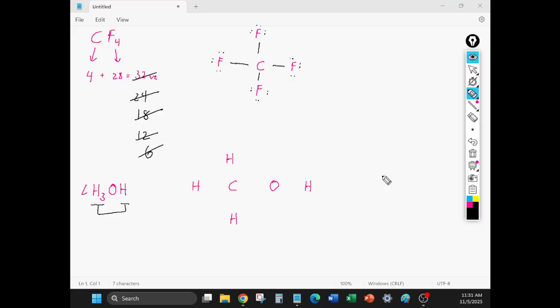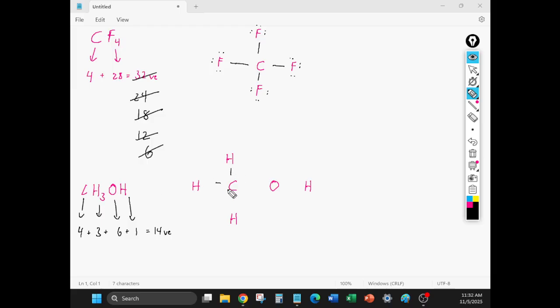All right, so let's count our valence electrons, and then we'll see how it goes from there. Carbon has 4. Hydrogen is 1 each, so 3. Oxygen is 6. Hydrogen is 1. So that's 14 total. Okay, so let's draw our connections. Remember, the elements are separated, so it's telling us what's happening. Carbon is connected to 3 hydrogens.